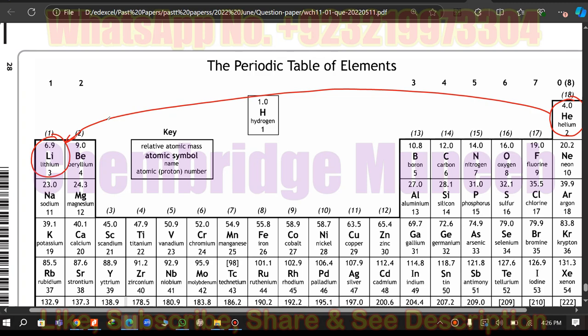Are there just one shell in both of these elements? There are two in the first shell and one in the second shell. In lithium. So lithium has two shells, and the second shell is more shielded. That's why the ionization energy will be lesser compared to helium.